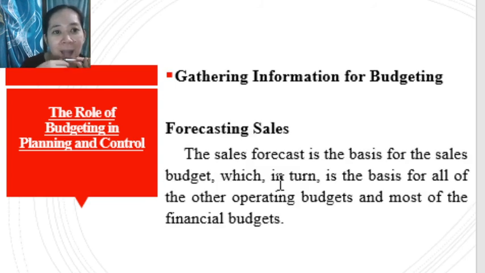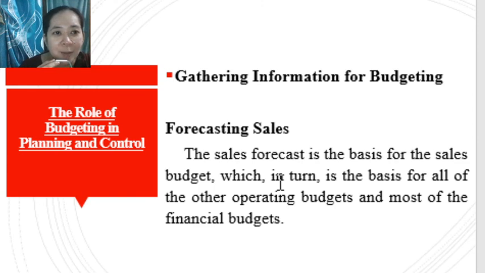Aside from that, of course, the management also gathers information from the forecasted sales. The sales forecast is the basis for the sales budget, which in turn will be the basis for all of the other operating budgets and most of the financial budgets. So you will learn that budgeting normally begins with the sales budget.